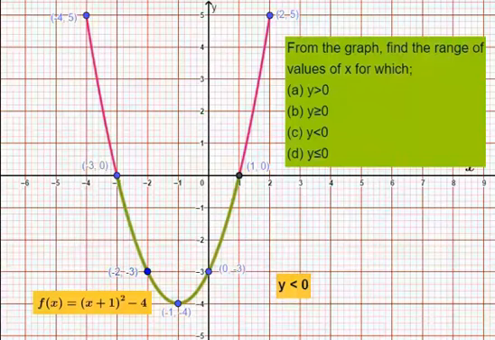Let me read the question to you. From the graph, find the range of values of x for which a, y is greater than 0, b, y is greater than or equal to 0, c, y is less than 0, and d, y is less than or equal to 0. These are the questions I want you to answer yourself, and these are the questions we are going to answer together.